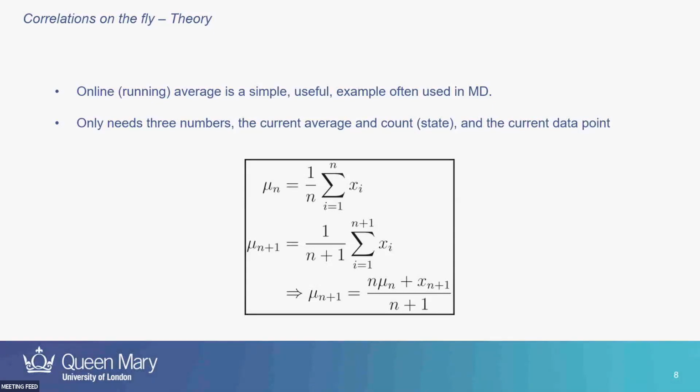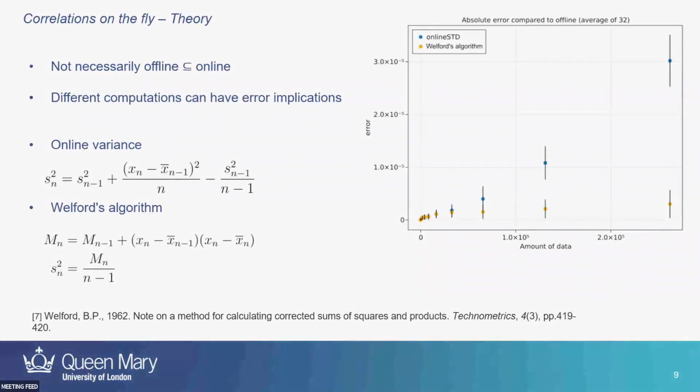And this is obviously used in various contexts, molecular dynamics being one of them, and is quite a nice example of what we're doing. But just as a slight caveat here, if you do the same thing with a variance, you can find there is, depending on the way you write down your algorithm, either an increasing error with the amount of data you have, or something that levels off at a value.